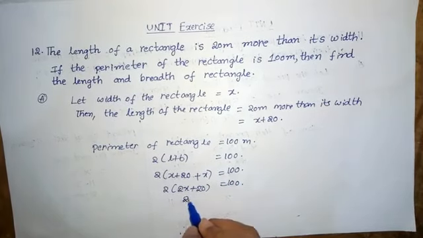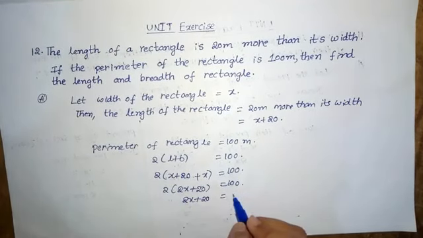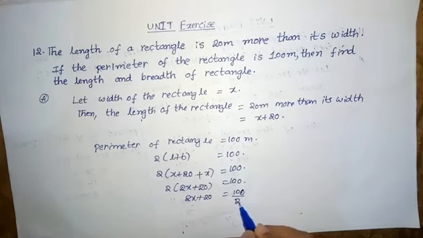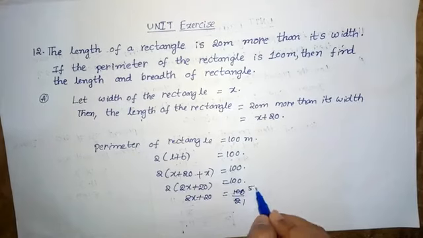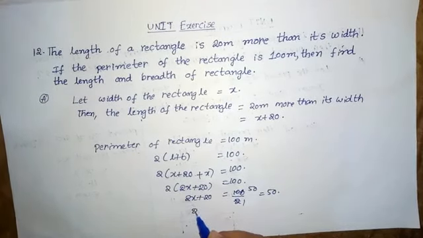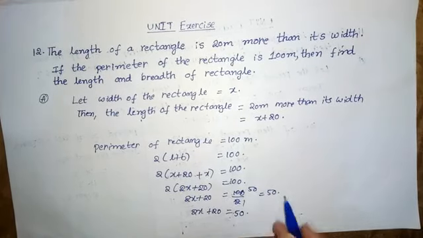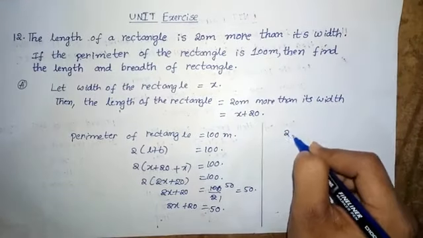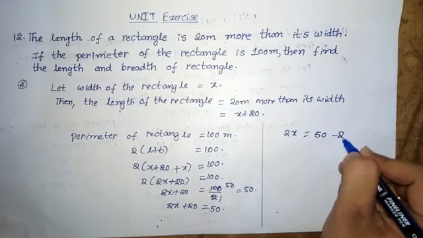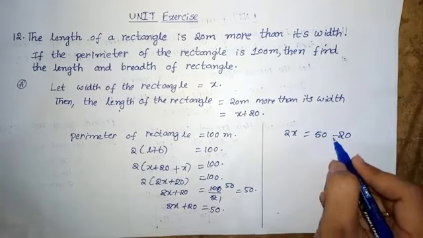So from this, 2x plus 20 is equal to, the 2 is moving to the right side as division, 100 by 2. 2 ones are 2, 2 fives are 10, so 50. So 2x plus 20 is equal to 50. 2x is equal to 50 minus 20, since plus 20 moves to the right side as minus 20.